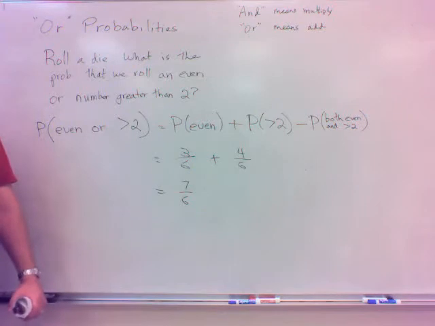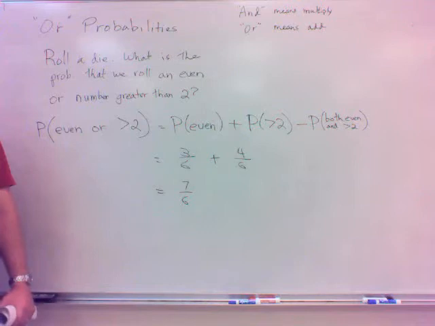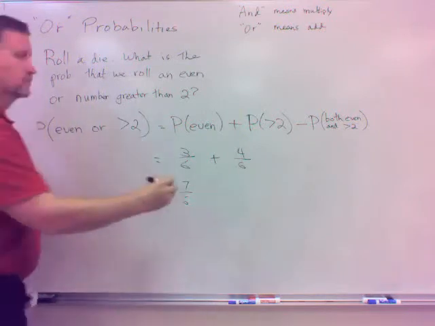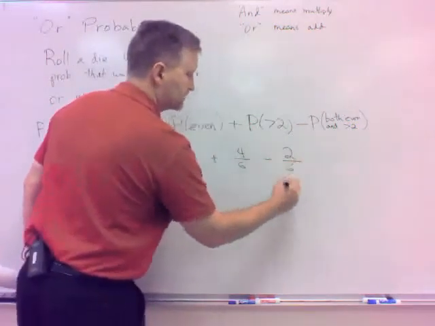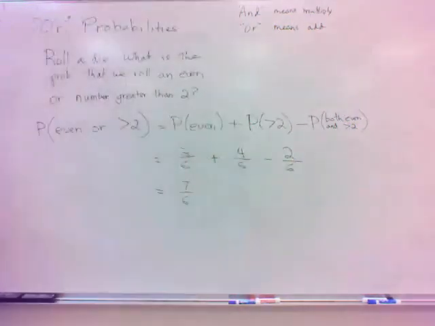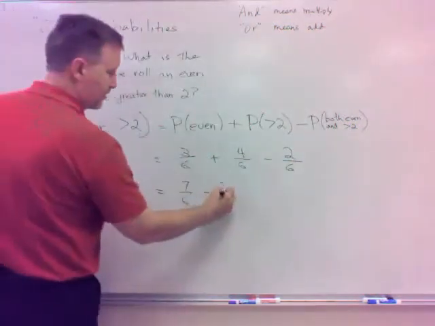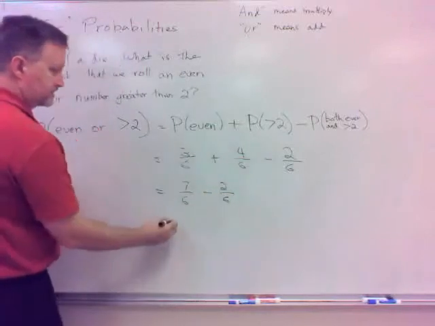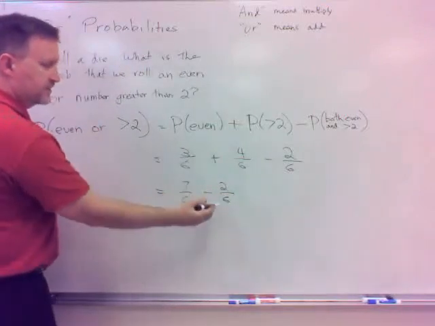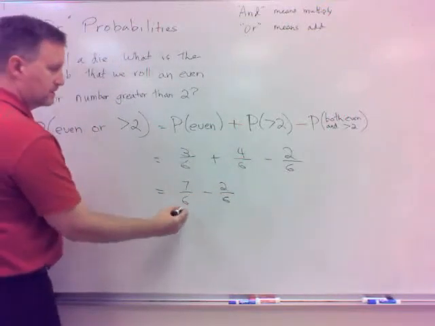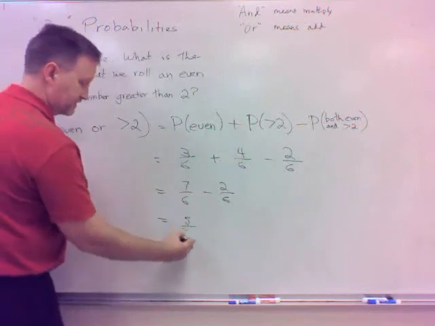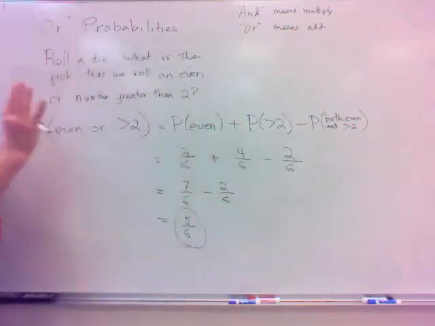And 6 is even and greater than 2, so that would be 2. 2 of them out of 6 are even and greater than 2. You with me? So let's subtract 2 out of 6 off of these here. What do I get if I subtract 7 sixths minus 2 sixths? 5 sixths. All right. Yeah, now we're in better shape.